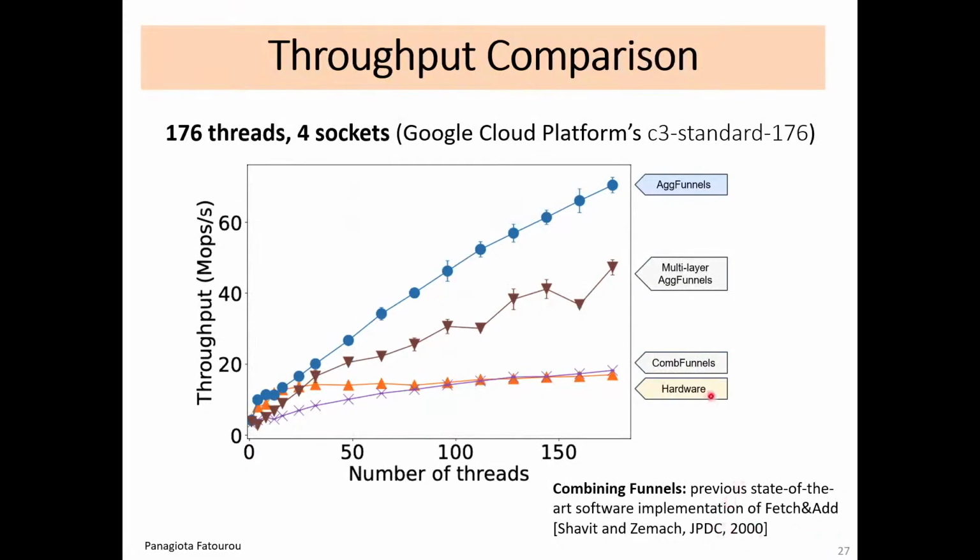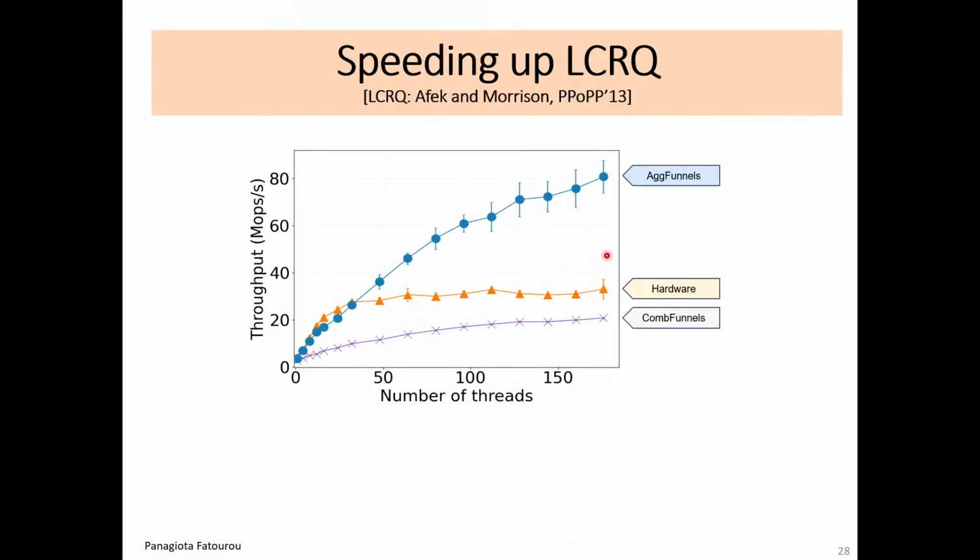And as you can see, we are much, much better than the hardware fetch and add. And also, here are the experiments. I don't have time to explain all the details of what we see in these experiments, but here you can also see that when we apply our scheme in LCRQ, which is the concurrent state-of-the-art queue implementation, we get much better speedup in this application as well.